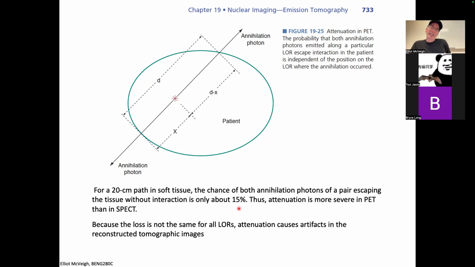And the interesting thing, and this might be in a problem set, I don't know, but you can imagine if I had an event down here, the probability of the photon that's going this way getting out is very high, right? Because there isn't a heck of a lot of tissue between here and the exit before flying through space. But the probability of the photon going all the way through the patient and getting out here is much, much lower. But what's really interesting is that the joint probability of them both getting out and causing a coincident event is independent of where that event happens on that line, right?